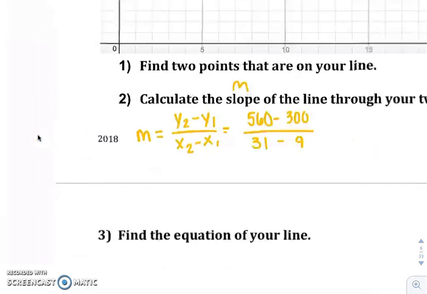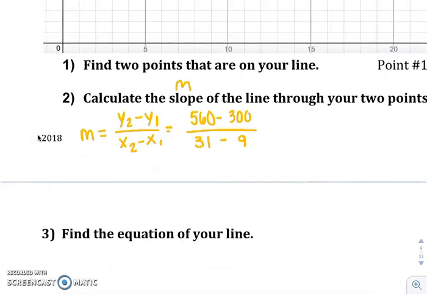So 560 minus 300 is 260. 31 minus 9 is 22.